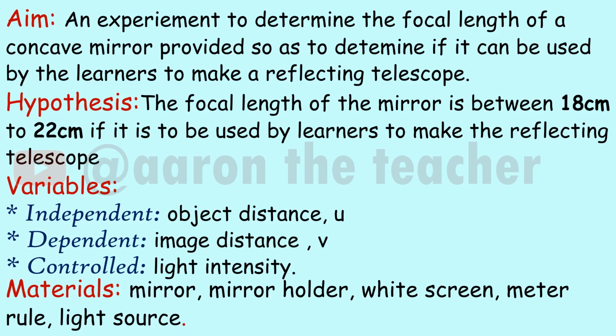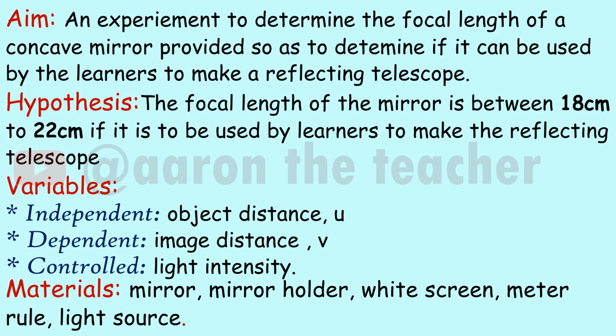It may not necessarily be 20, but at least it should be within a particular range. I don't know which range you've set, but if you have a different range, just leave a comment in the comment section and we shall revisit it and learn together.